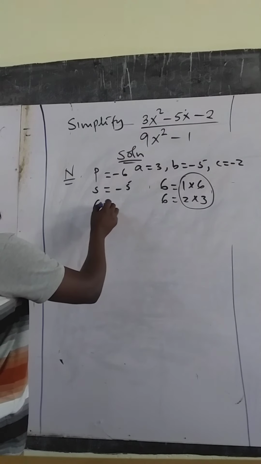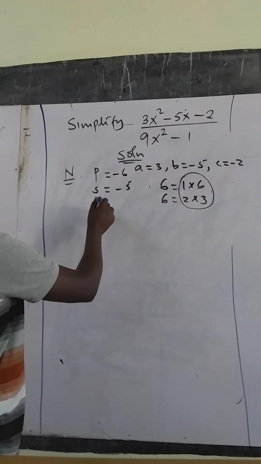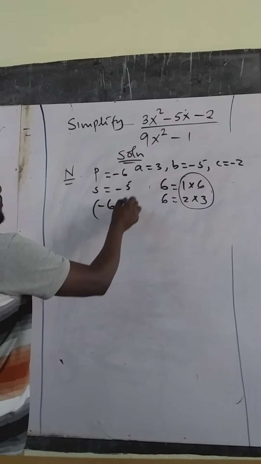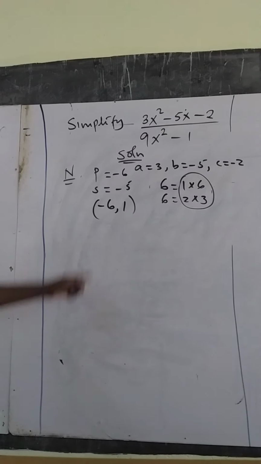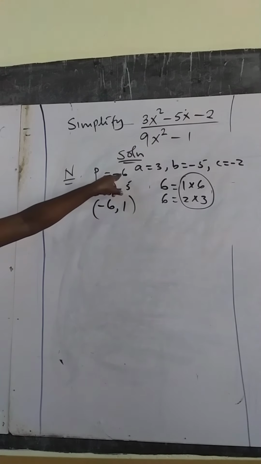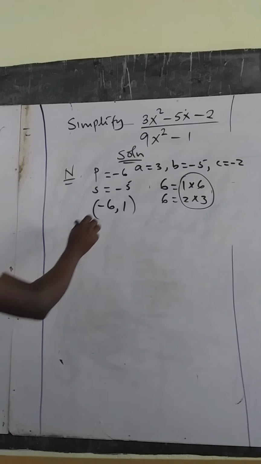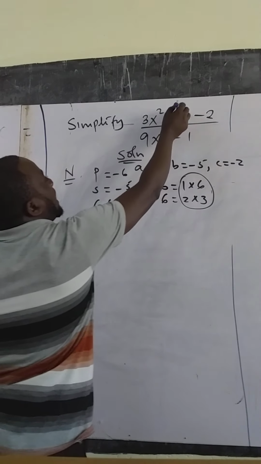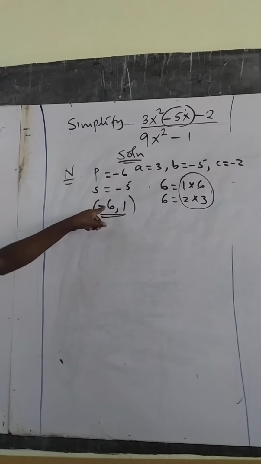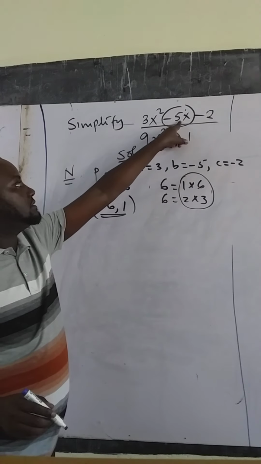Our numbers will be negative 6 and 1. Negative 6 plus 1 gives negative 5, and negative 6 times 1 gives negative 6. Substitute this where we have negative 5.